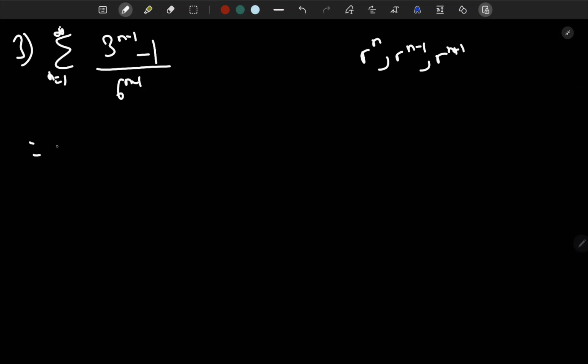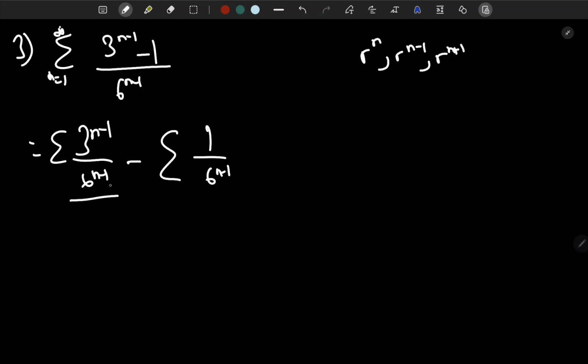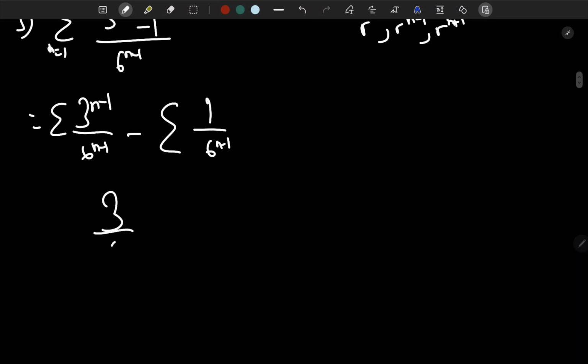So it's going to be equal to the sum to infinity of 3 to the power of n minus 1 over 6 to the power of n minus 1, minus 1 over 6 to the power of n minus 1. Here we can notice that we can factor n minus 1 outside in the first fraction. So it is going to become 3 over 6 to the power of n minus 1, and we can see 3 over 6 is half, right?